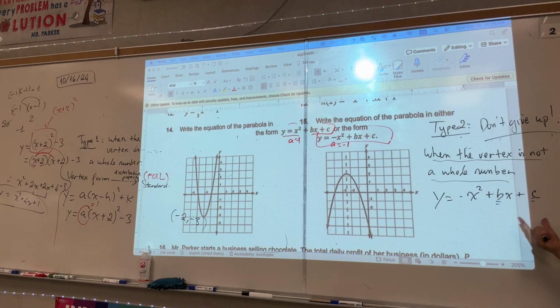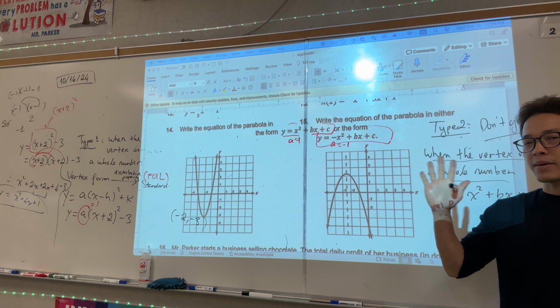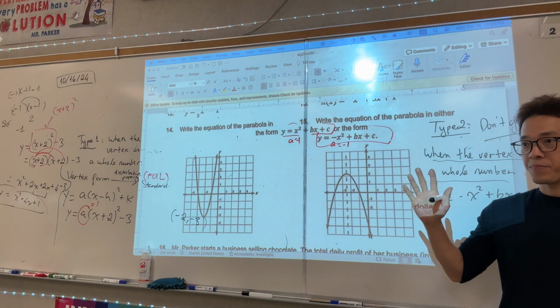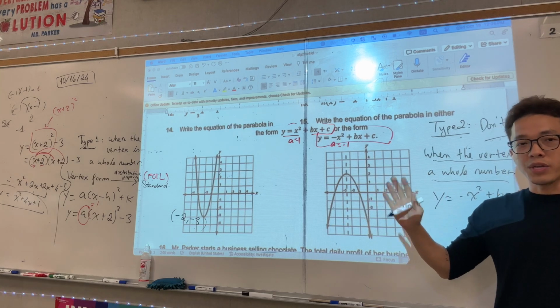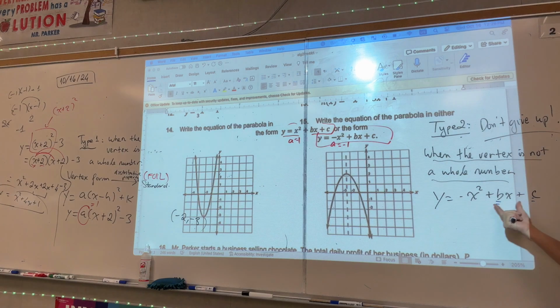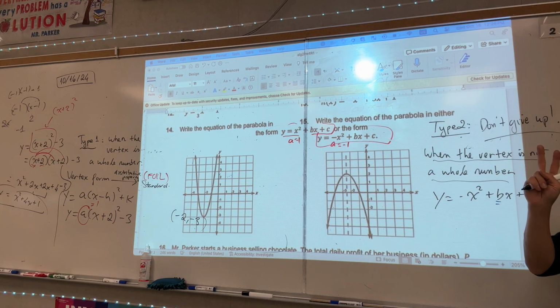How many equations do you need when you have 2 variables? 2. Did you say that in class? If you have 5 variables, how many minimum equations do you need to solve them? 5. If you have 10 variables, you need how many equations? 10 equations. Okay? So if you have two variables b and c, you need at least 2 equations.